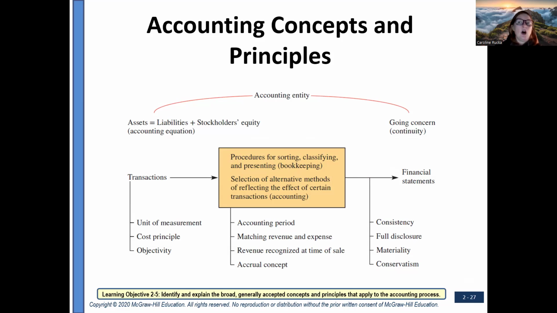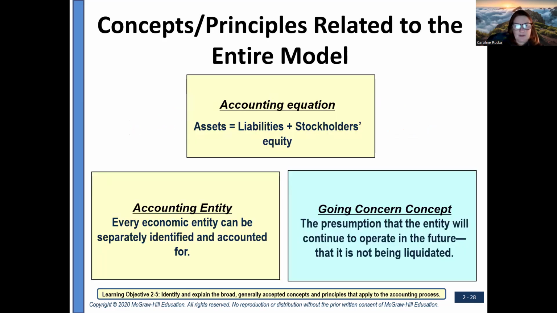Even if it's on credit, if we're offering credit to the customers, we still recognize that as a sale. Whereas expenses are recognized when they're paid. So an account payable, if we're getting credit from our supplier, we don't recognize that as an expense until we actually pay it.